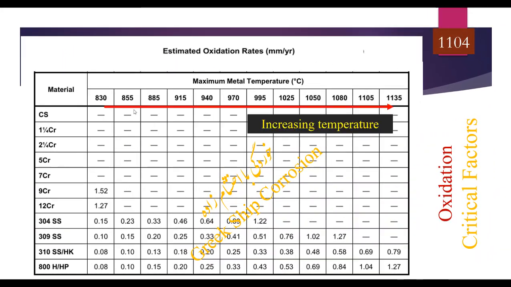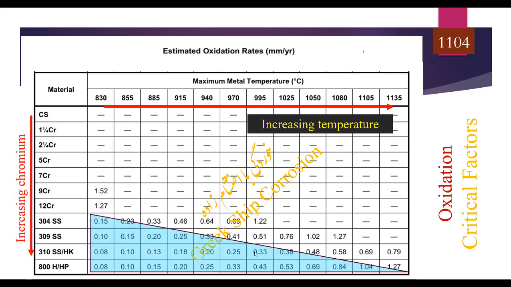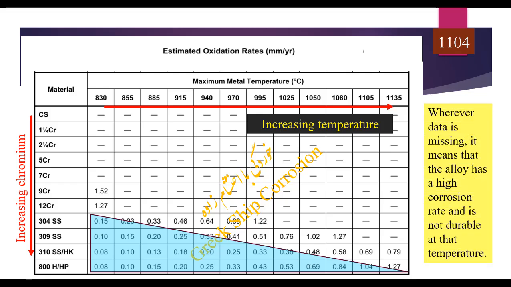And this table shows estimated oxidation rates in millimeters per year when the temperatures are higher, from 830 degrees Celsius to 1135 degrees Celsius. Again, increasing chromium. And this triangle shows the resistant alloys at these temperatures.